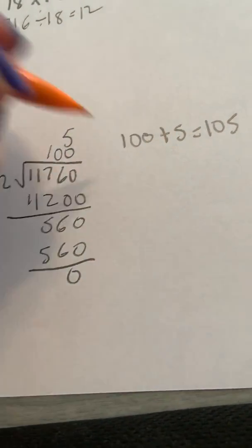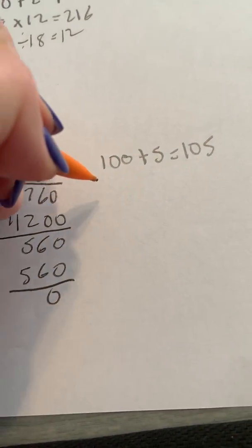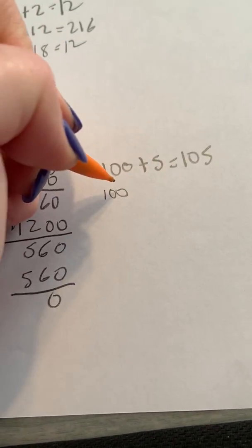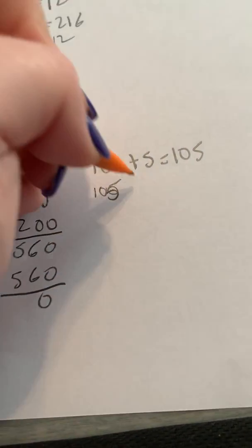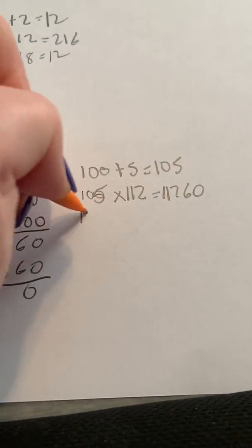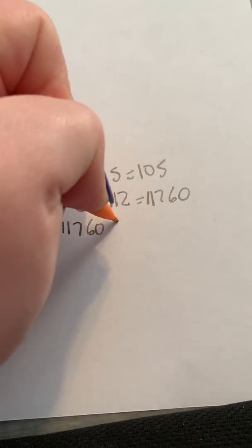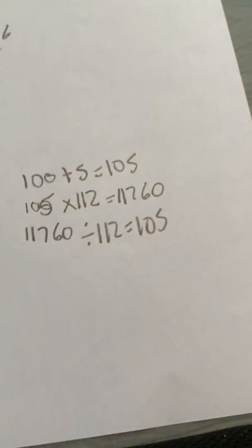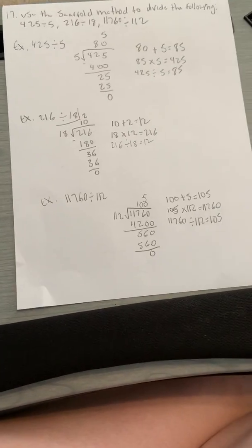So 105 times 112 equals 11,760, and 11,760 divided by 112 is 105. There we go. So that's number 17.